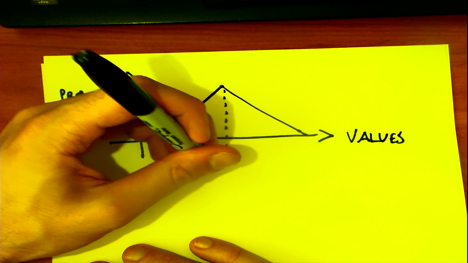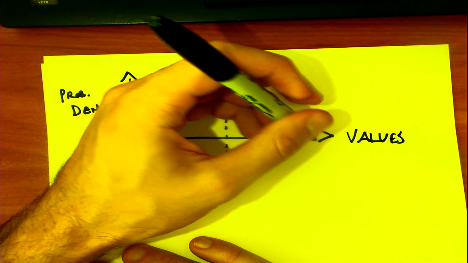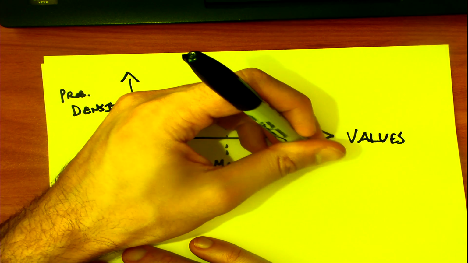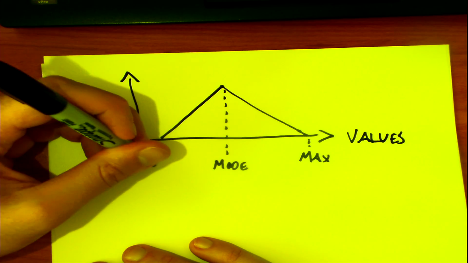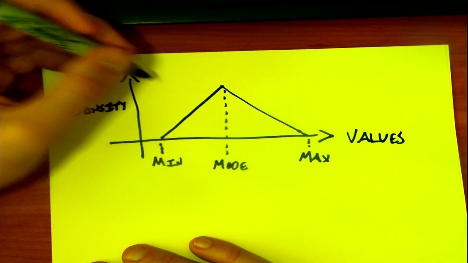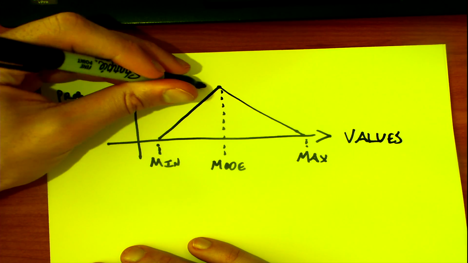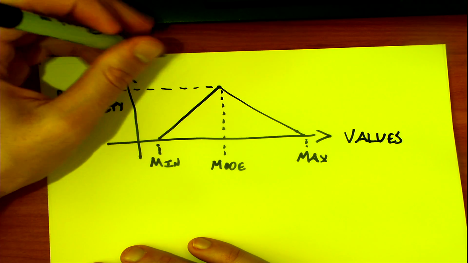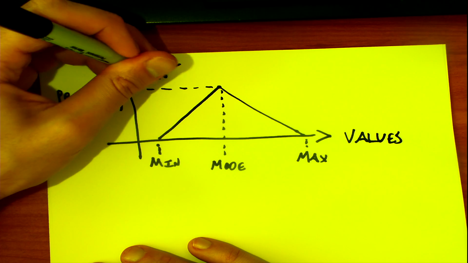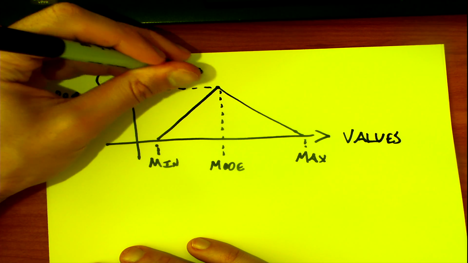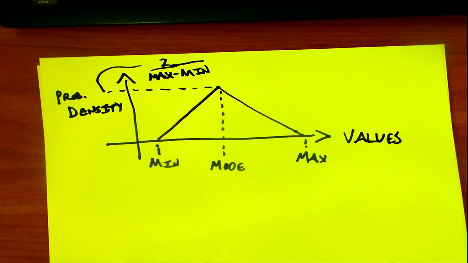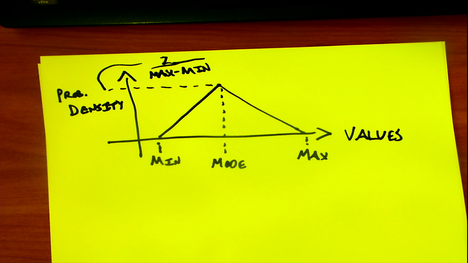Your mode. This is max. This is min. This is the probability density of the mode, which is defined to be 2 over the max of your data minus the min of your data. Cool. And that defines our triangular distribution.